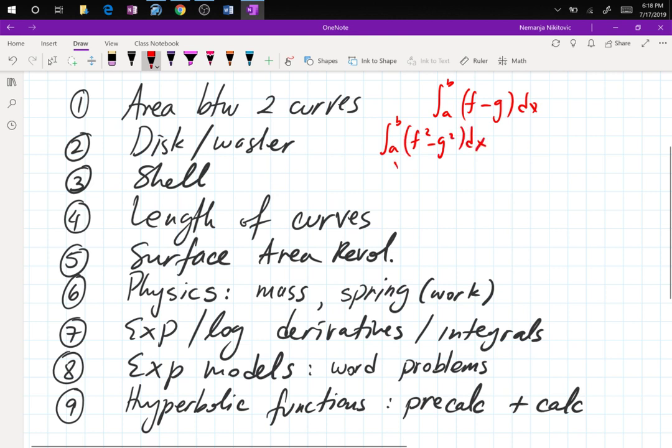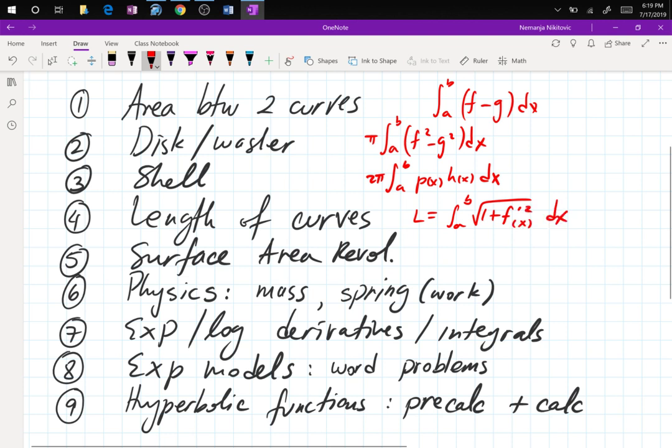Shell, there's a 2 pi for shell, a to b, and we have position, p of x, times height, h of x, dx. Length of curves, L equals integral a to b, square root of 1 plus f prime squared dx.